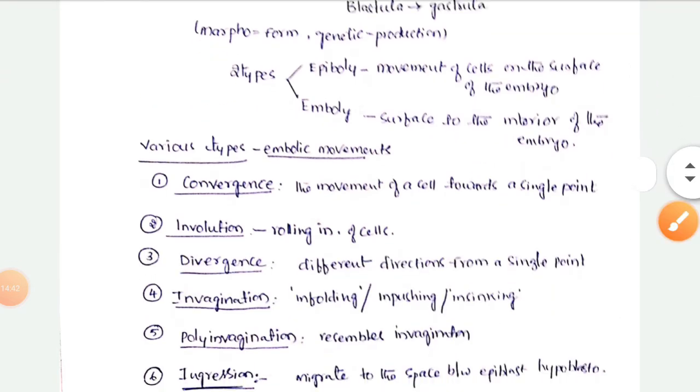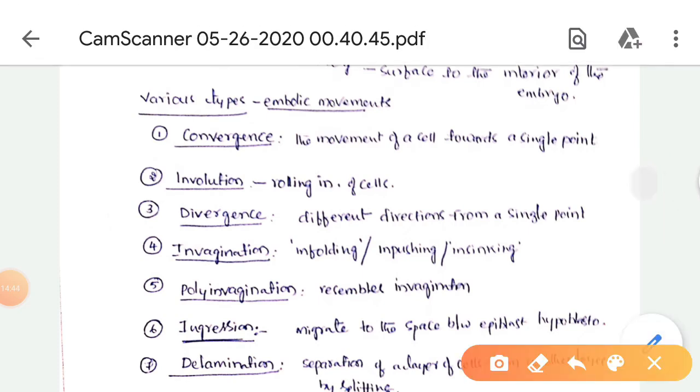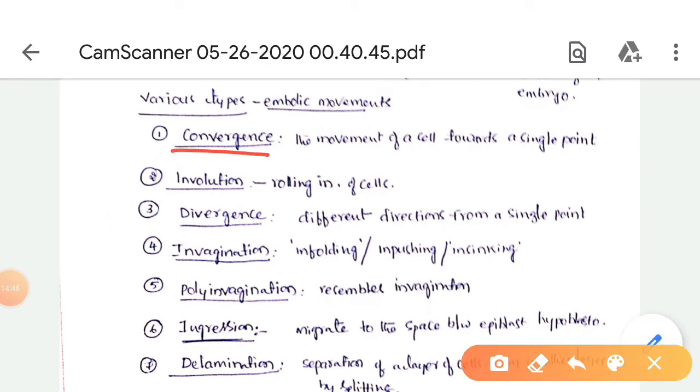Several different types of embolic movements are there. One is convergence. Convergence means the movement of cells towards a single point. That means different types of cells from different directions move towards a single point.